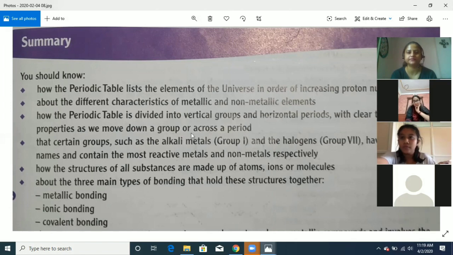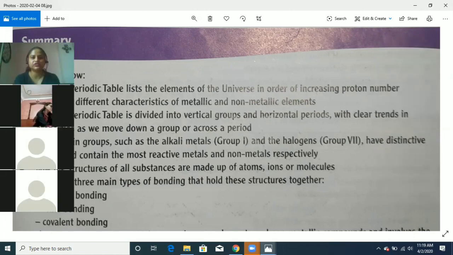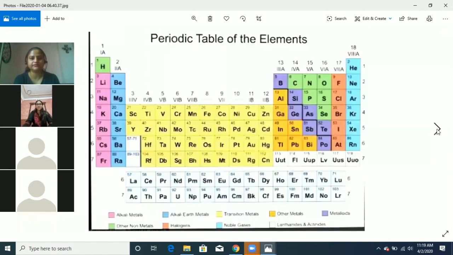We will learn alkali metal, halogens, etc. You have learned bonding in the previous chapter. You have learned metallic bonding, ionic bonding, and covalent bonding. These bondings are also related to the periodic table. So we will take some example of these type of bonding.